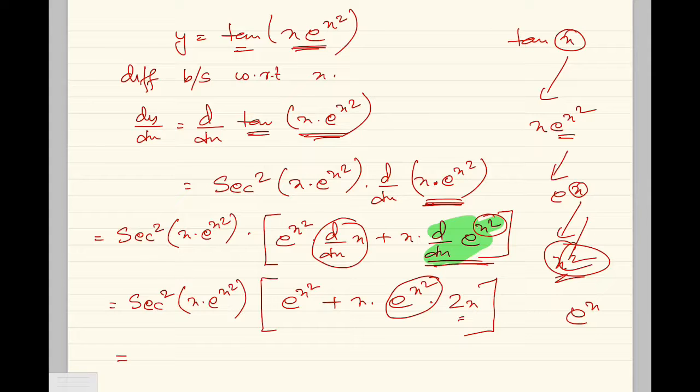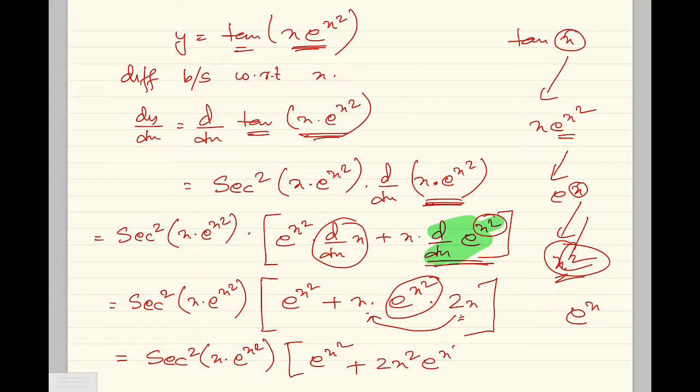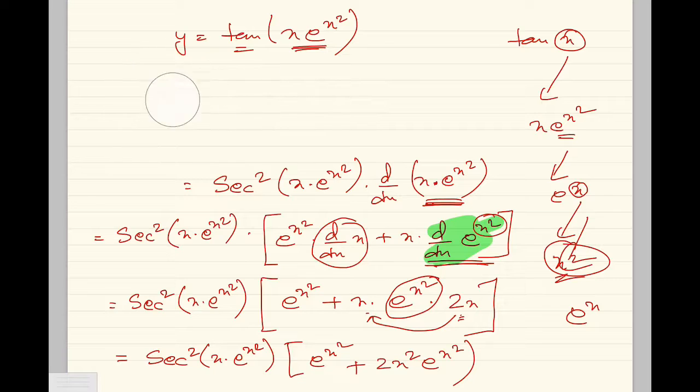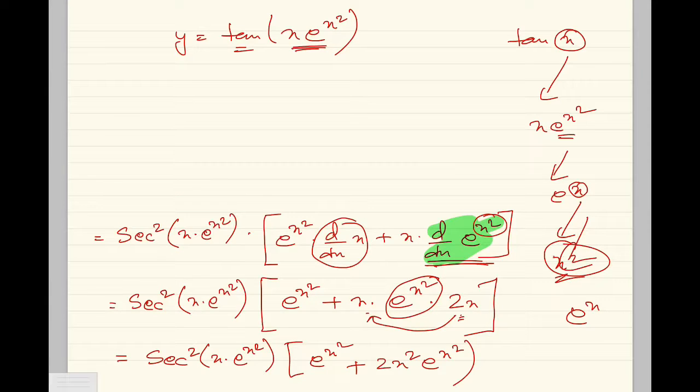Okay, that gives me sec square x into e to the power x square, and e to the power x square plus 2x into x. This can be multiplied, not a problem. That will be 2x square e to the power x square. Correct? So finally the answer is, let me rearrange this a little bit.